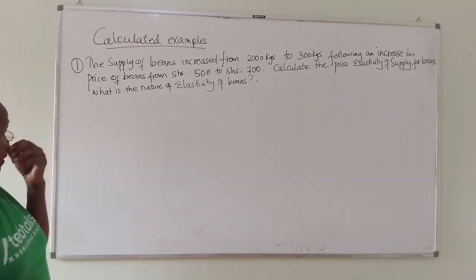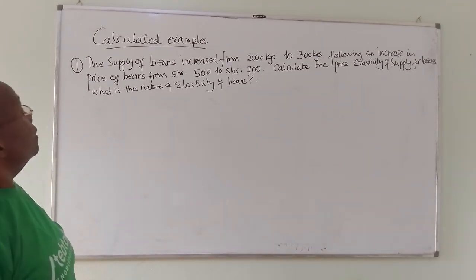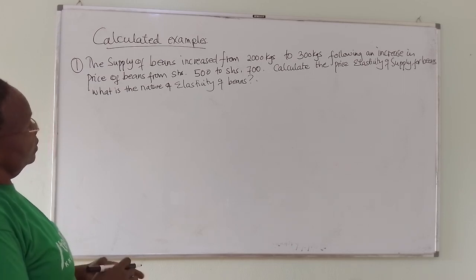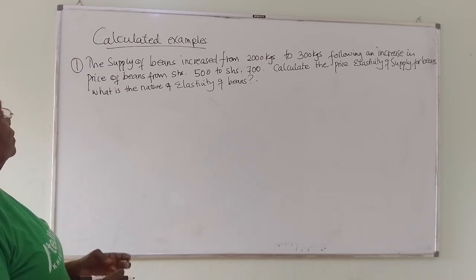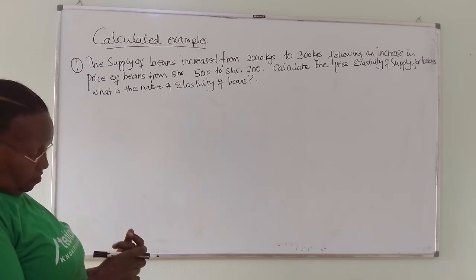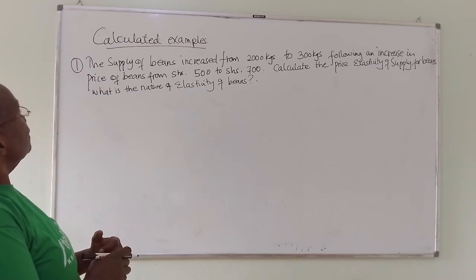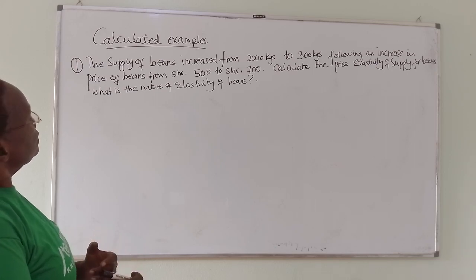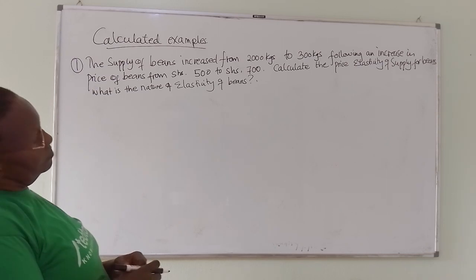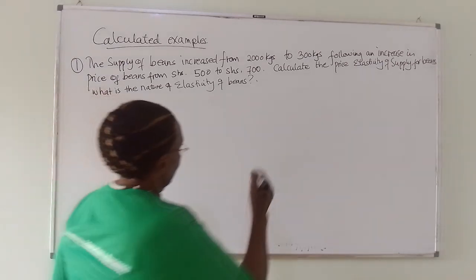So you can have a question of that nature where it requires you to calculate the coefficient of elasticity and then determine the nature of elasticity of that product. It goes as follows. The supply of beans increased from 2,000 kilograms to 3,000 kilograms.